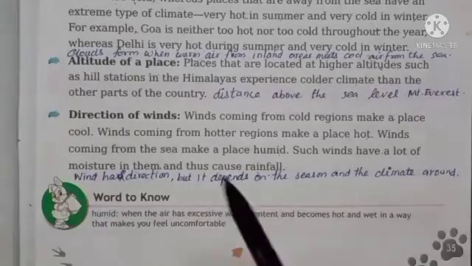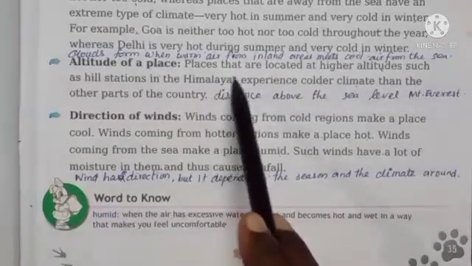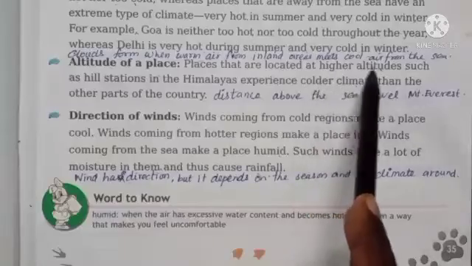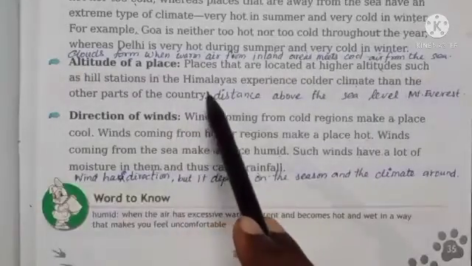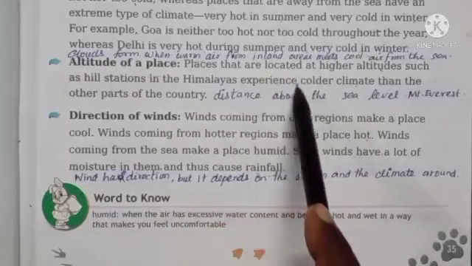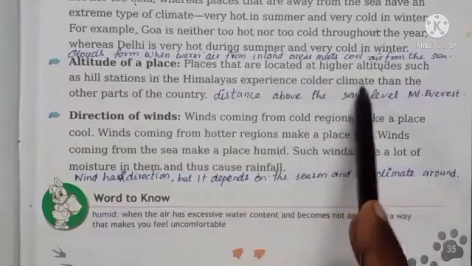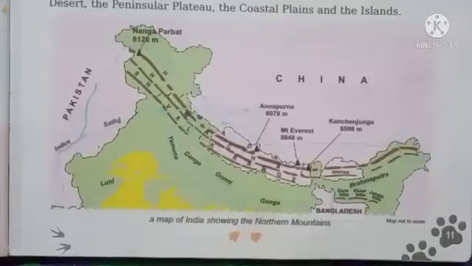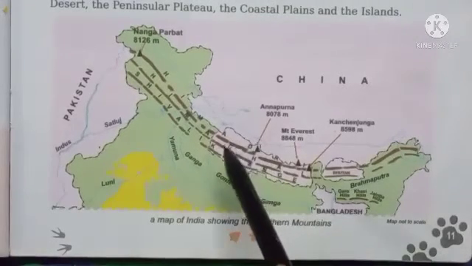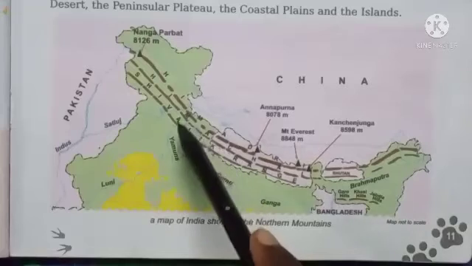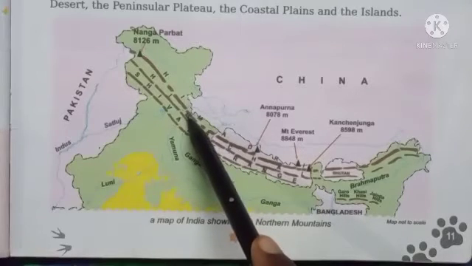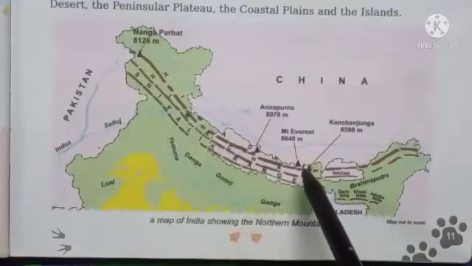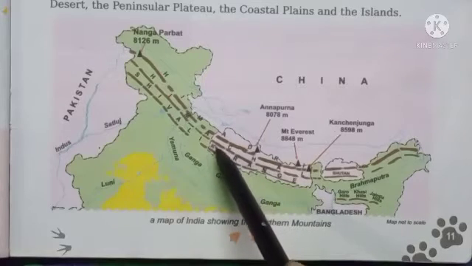Altitude of a place. Places that are located at higher altitudes, such as hill stations in the Himalayas, experience colder climate than the other parts of the country. We know very well where the Himalayas are located. The Himalayan mountain is located in North India, in the northern part.